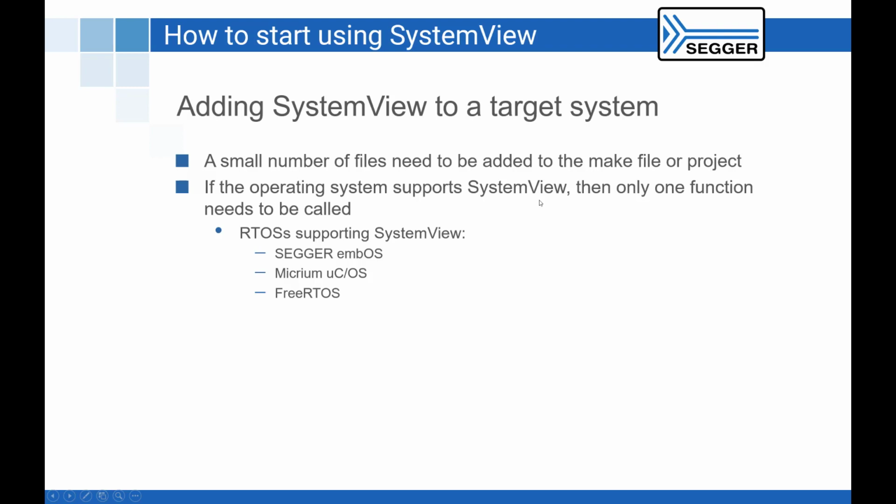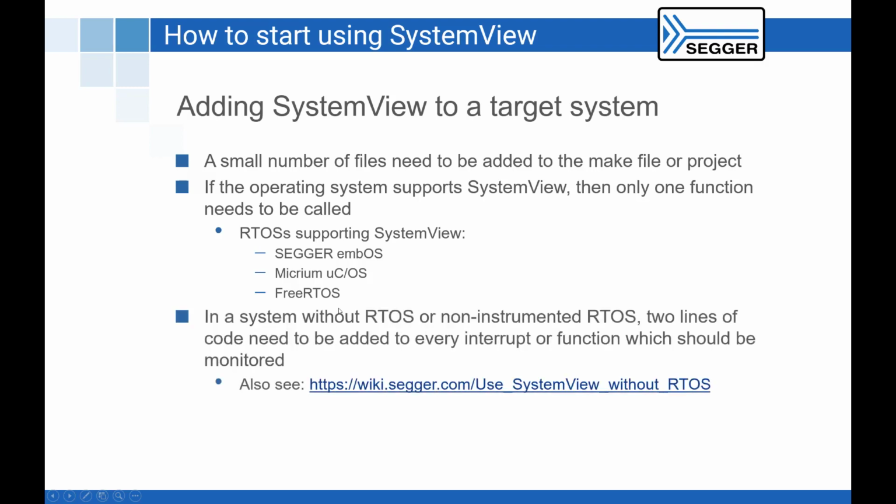Currently the real-time operating systems that support the SystemView instrumentation are SEGGER embOS, which is our own RTOS, obviously, and then Micrium, MicroC/OS, and FreeRTOS as well. So if you're using one of these, then you're in luck because they are already instrumented for SystemView.